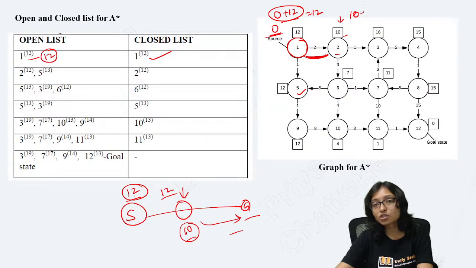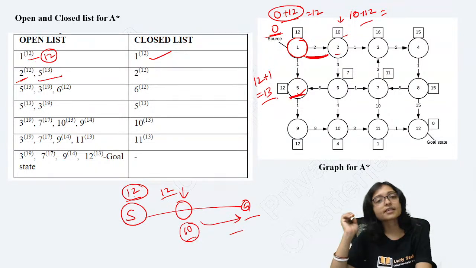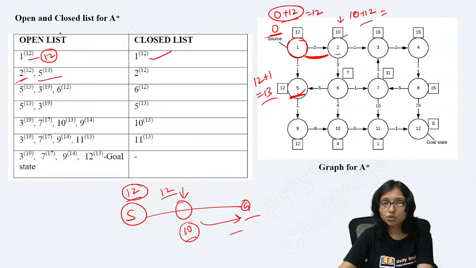So this value will be 12 itself. Whenever you are coming to 5, you have already traversed 1, so 12 plus 1 is now 13. That's why 5 will be 13. Out of them, which one should I choose? I should choose this one, so it will be in the closed list.